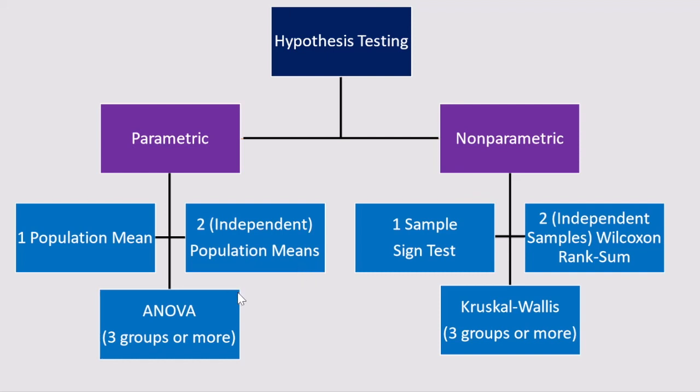We have also learned ANOVA, which we use when we want to compare 3 or more groups of subjects. In the next videos, we will discuss the corresponding non-parametric tests for one group or sample, two independent groups or samples of data, and for 3 or more groups of data. We will start with the one-sample sign test in this video.